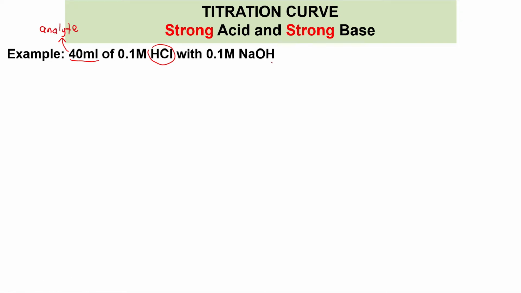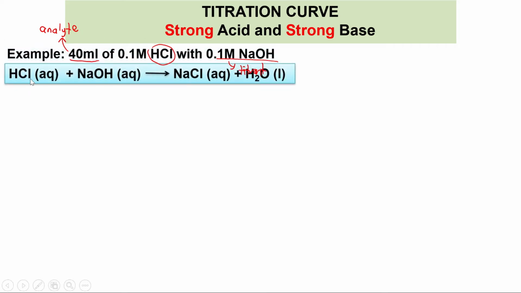Meanwhile, the unknown volume is going to be the titrant. Before doing anything else, please write the neutralization equation first. HCl plus NaOH produces NaCl salt and also H2O liquid.